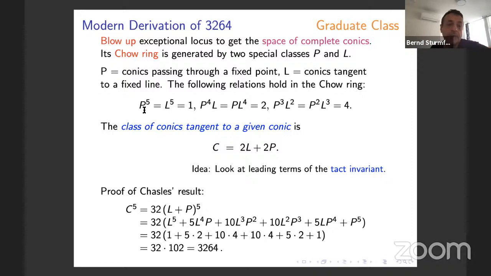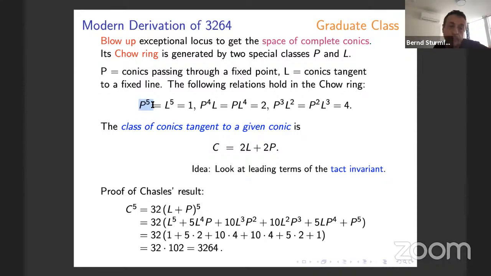Well, P is all the conics through a fixed point. P to the 5th is P times P times P times P times P. So we're intersecting conics passing through the first point with conics passing through the second point and so on. So P to the 5th is the number of conics that pass through 5 given points, and that number is 1.